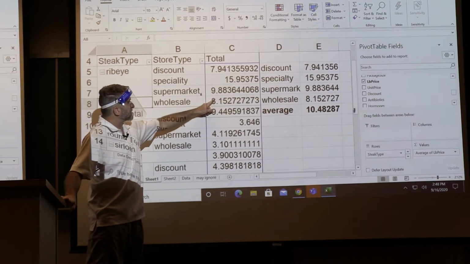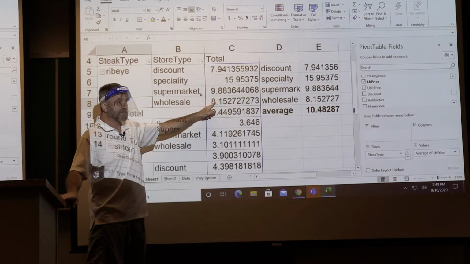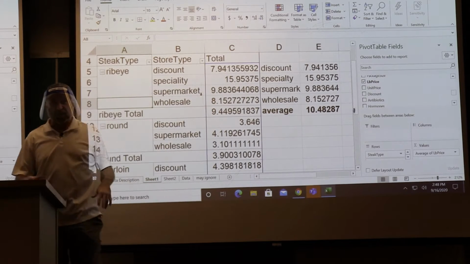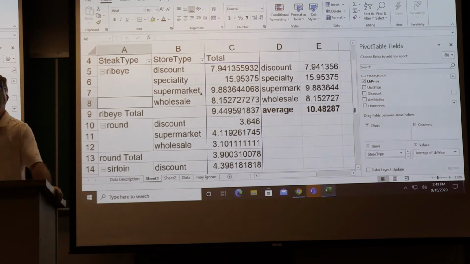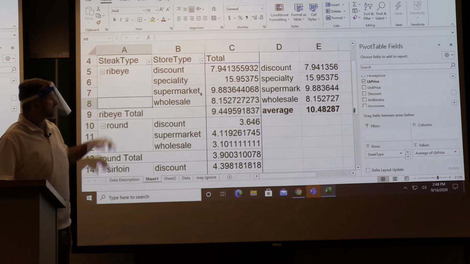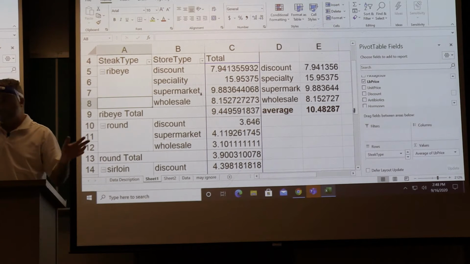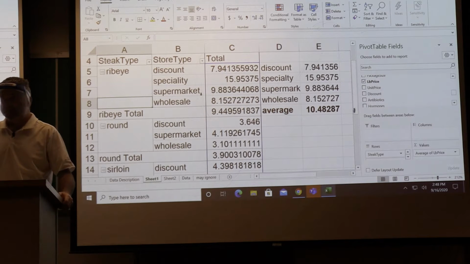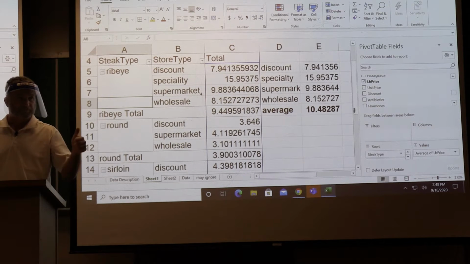And this number is not an average of those numbers. That one number is the average of every single ribeye observation. So it's not just 4 numbers being averaged, it's a bunch of numbers being averaged. Does that make sense?